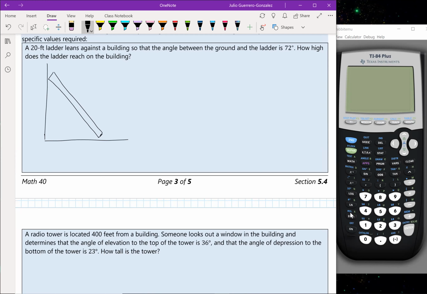We know that the ladder is a 20-foot ladder, so that's our hypotenuse. The angle between the ground and the ladder is 72 degrees. How high does the ladder reach on the building? So we are looking for this distance right here, from here down to here. That is my height.